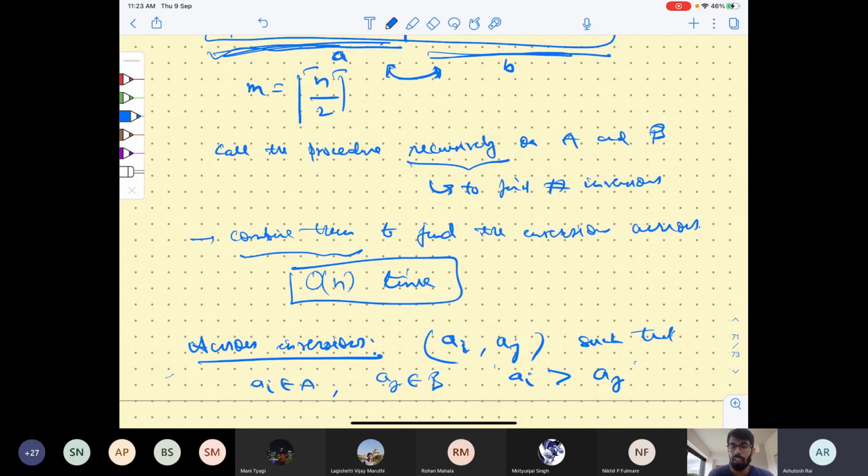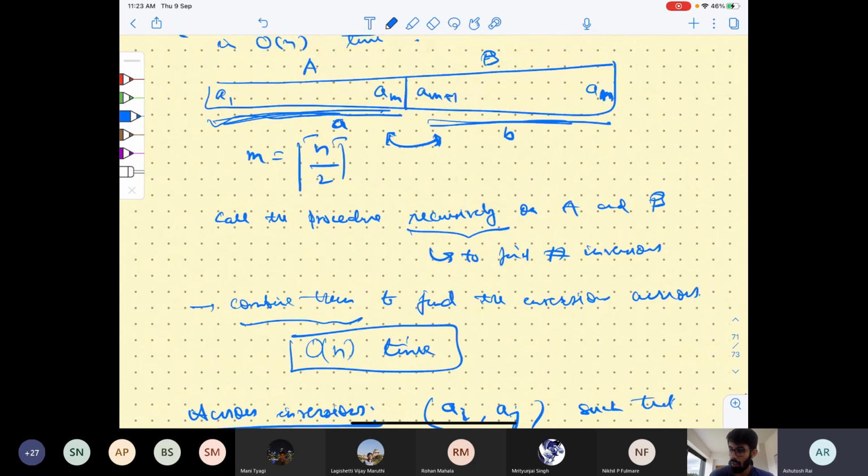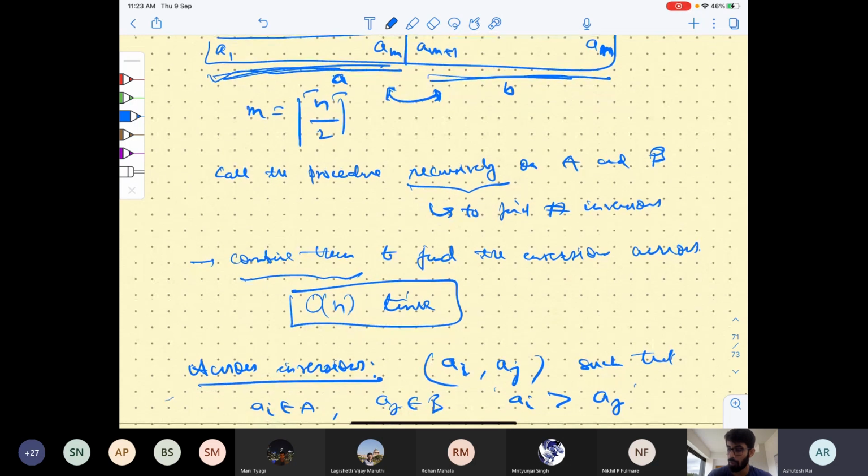Okay? And why is this an inversion? The answer is trivial, but just to confirm that this will surely be an inversion whenever this happens.